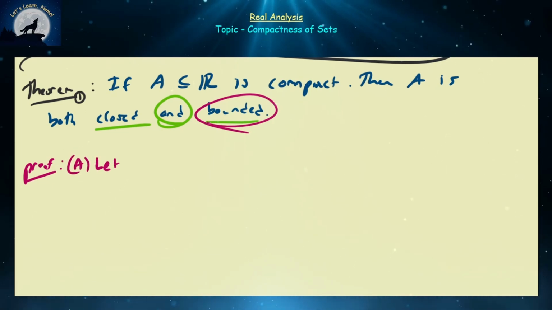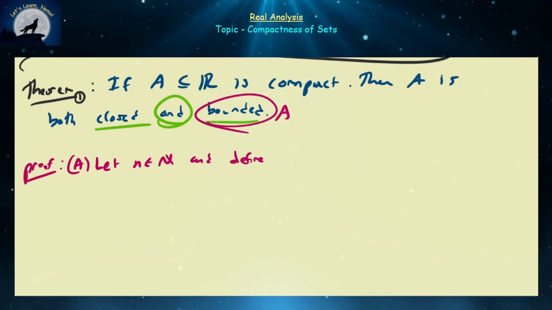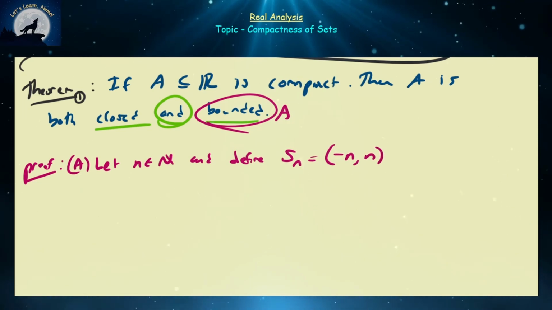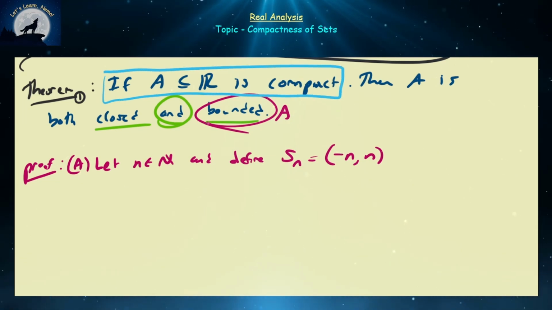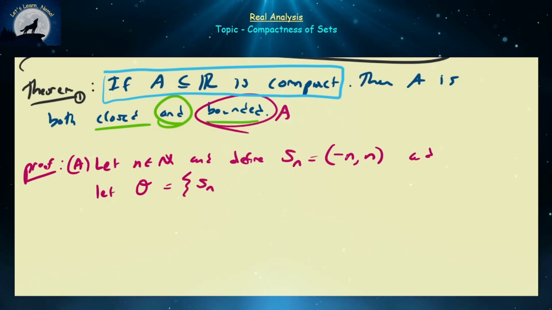Let n be an element of the set of natural numbers, and let's define a nice little set, S_n, to be equal to minus n to n. Keep in mind, what are we assuming? We're assuming that A is a compact set. So we're defining n to be in the set of natural numbers, and we're defining this open interval minus n to n. And we're going to let O be equal to the set containing all of those intervals minus n to n.